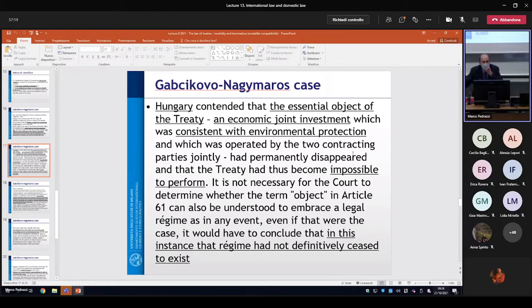This was the claim by Hungary. No, legal regime means the legal regime included in the treaty, which provided for how to realize an economic joint investment consistent with environmental protection.